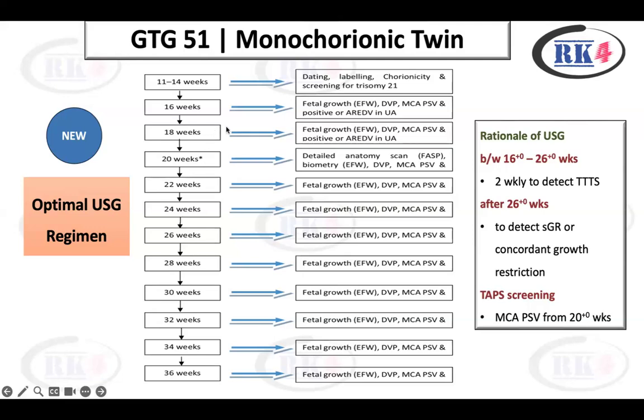And after 26 weeks, why are we doing the scan? We are doing it to detect selective growth restriction or discordant growth restriction. So this is a very important one. You see 16 weeks, 18 weeks, 20 weeks, 22 weeks. Twin pregnancy is not an easy thing for the mother or for the obstetrician.